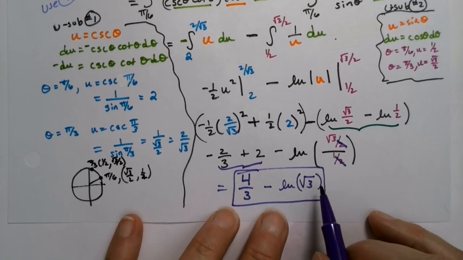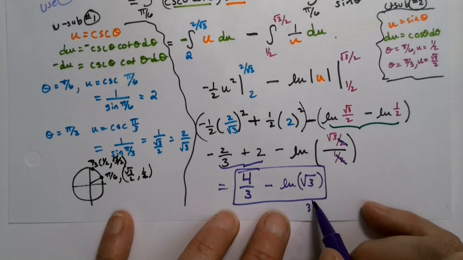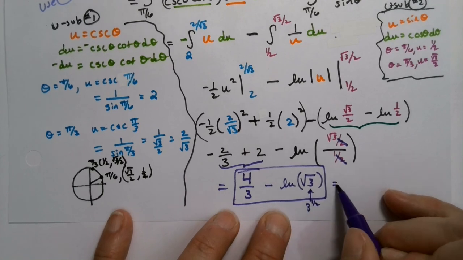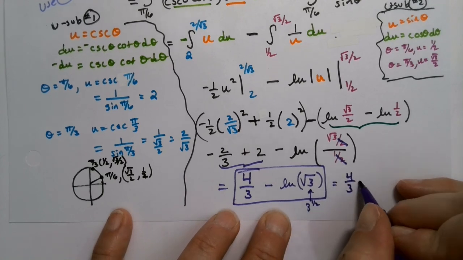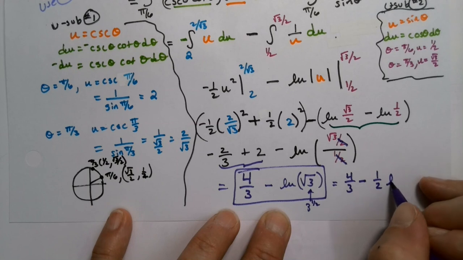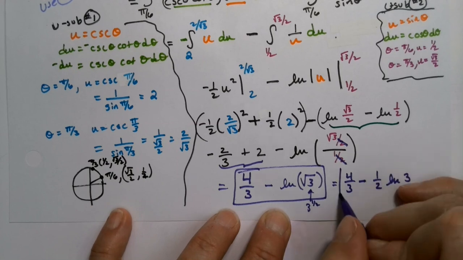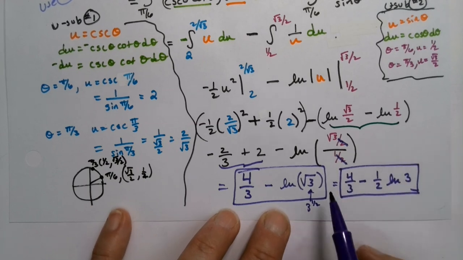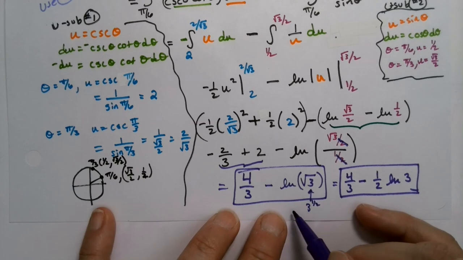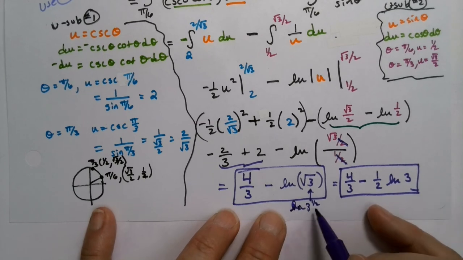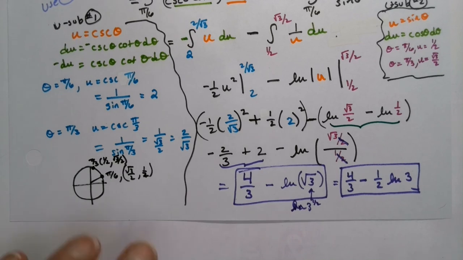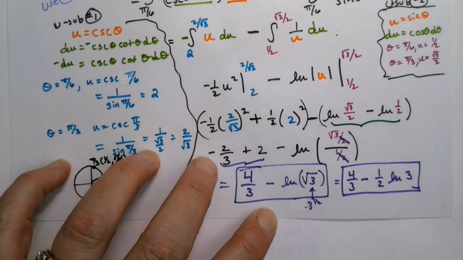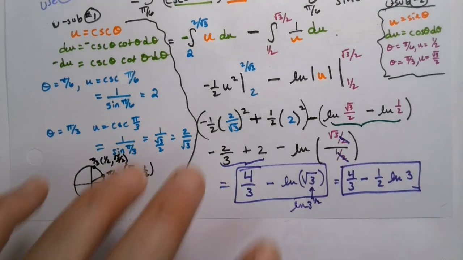Remember that square root of 3 is really 3 to the 1/2 power. So you could also write this as 4/3 minus a half times the natural log of 3, because you bring the power down in front with a logarithm. So if it's the natural log of 3 to the 1/2, you can bring the power down.